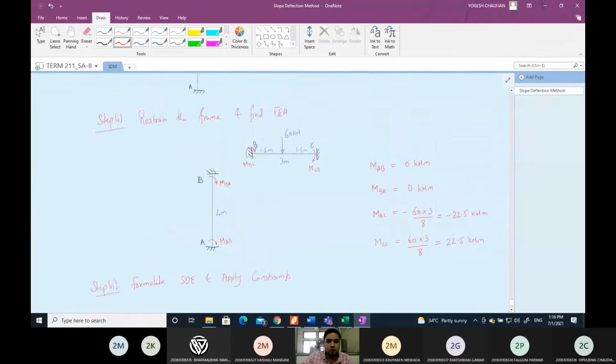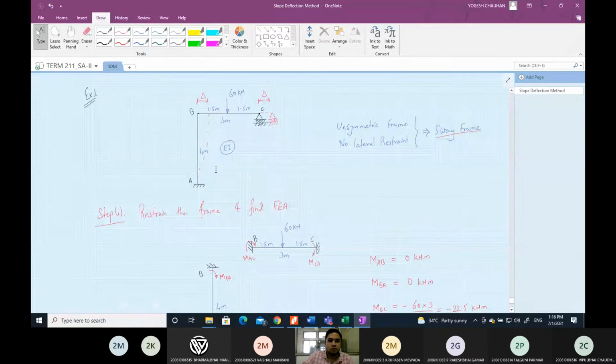Now here theta A will be 0, the theta B is not 0, so that is one unknown, and even theta C is also not 0.